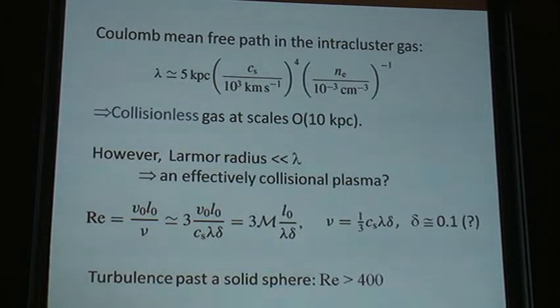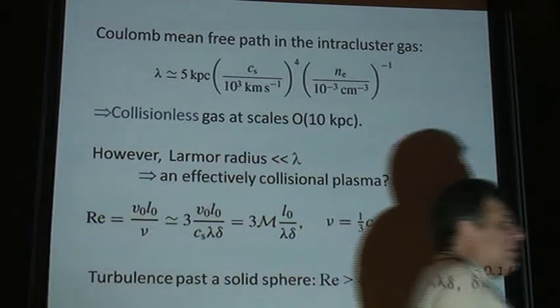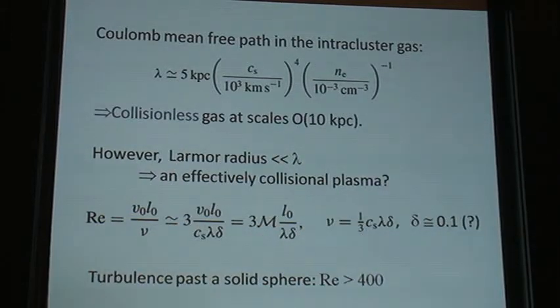And the major physical problem here is the following. The mean free path of particles with simple Coulomb interactions is comparable to 5 kiloparsecs. This is about the scale of the turbulence we are talking about, and about the scale of magnetic structures we want to explore. Again, I mentioned it before.